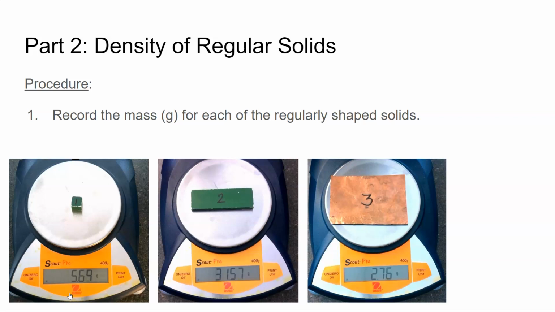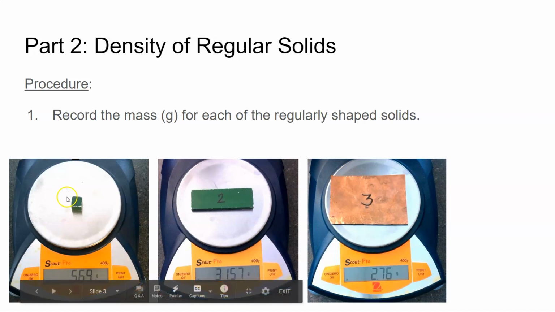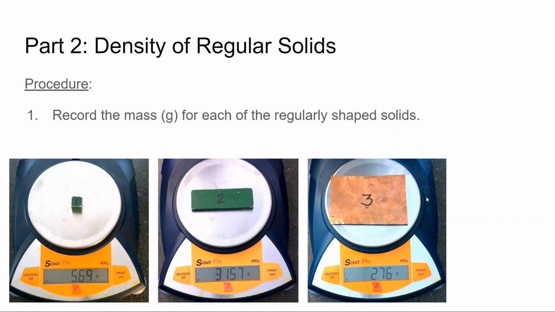We're going to start by recording the mass in grams for each of these regularly shaped objects. So here we are looking at regular object 1, the cube, 2, the slab, and 3, this very thin sheet.